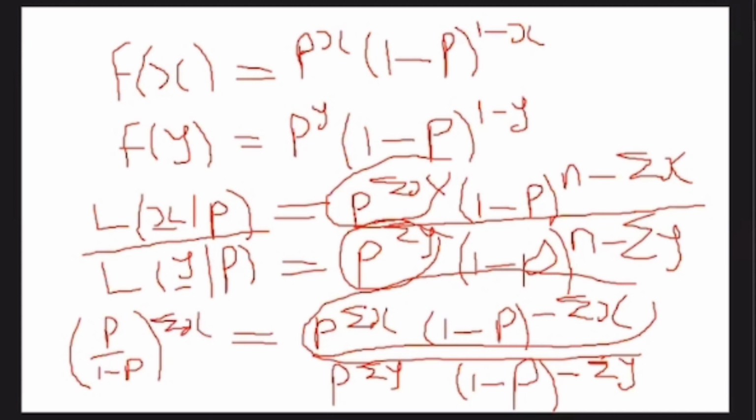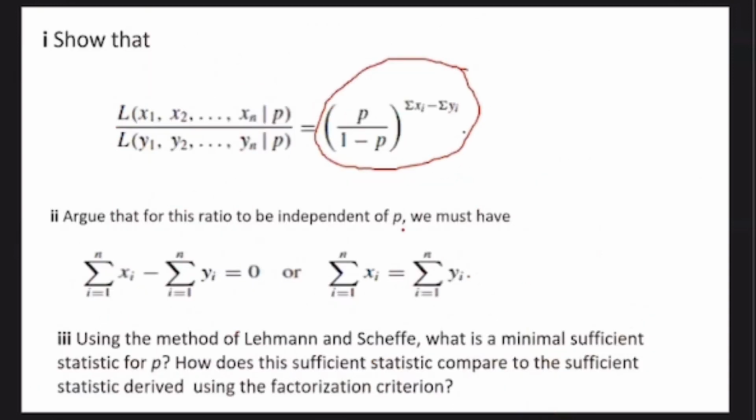This is for the numerator. I do the same for the denominator: p divided by 1 minus p raised to power summation y. What am I going to do? If this and this are the same, when that one goes up, the exponent is going to be summation x minus summation y. It's going to be this guy here.